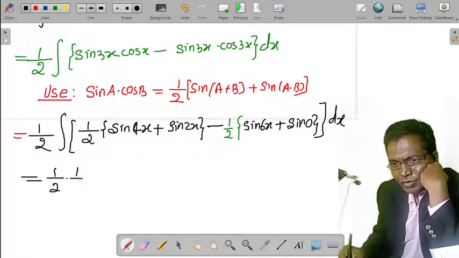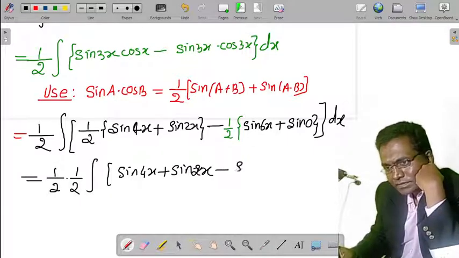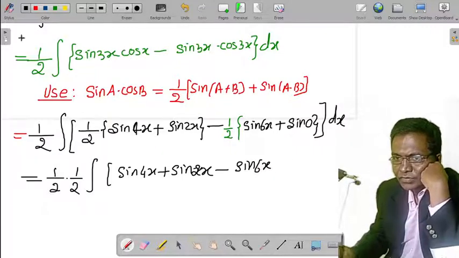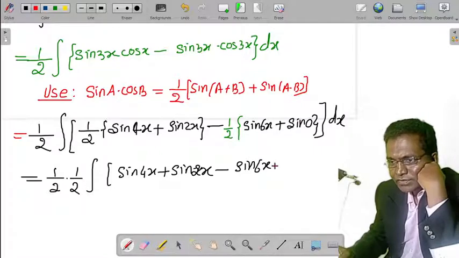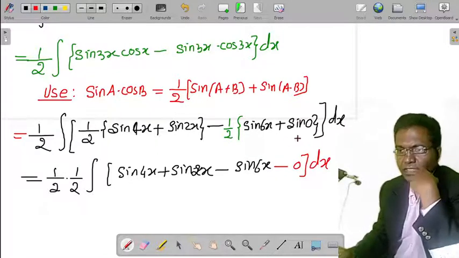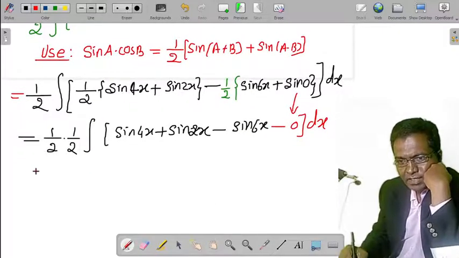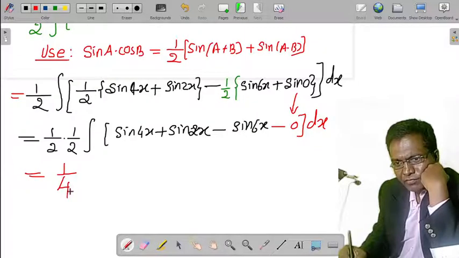Okay, so 1 by 2 is common here, so you can take 1 by 2 outside. Already 1 by 2 is there, so the remaining is sin 4x plus sin 2x minus sin 6x, and sin 0 is 0. Now 1 by 4.